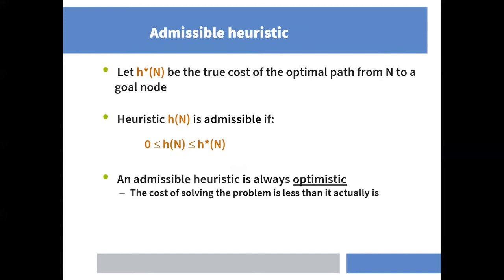So if the true cost of the optimal path from n to a goal node is h*(n), h(n) is admissible if h(n) is positive and h(n) is less than or equal to h*(n). So this one is the condition for admissibility. An admissible heuristic is always optimistic and never overestimates the true cost of a solution along the current path through n.